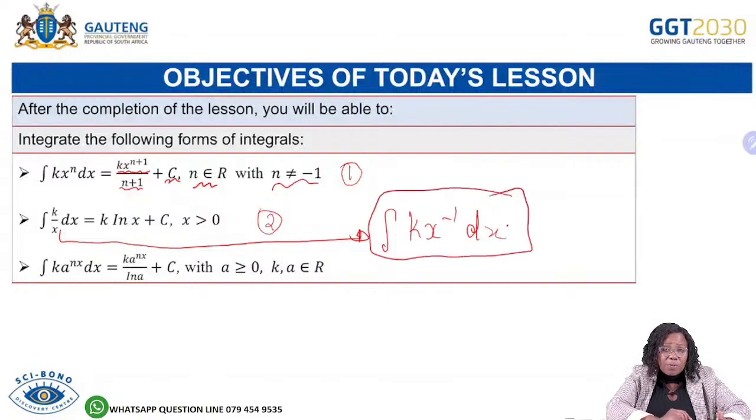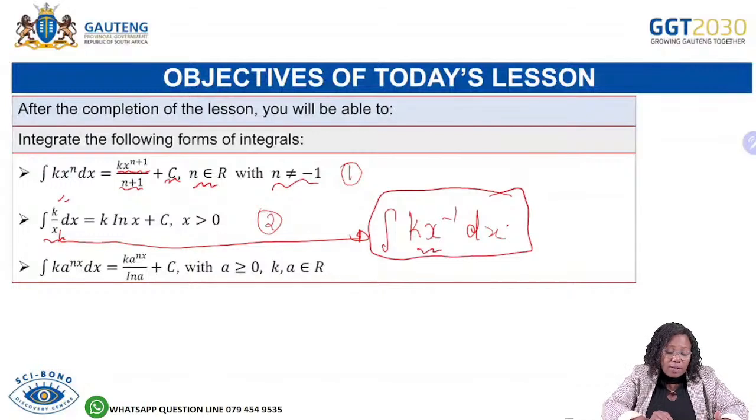This one is in exponential form, that one is written in fraction form. It can be given either way. And if that is the case, grade 12, your answer after the integral will be k ln of x plus c, and x must be greater than 0 for that one.